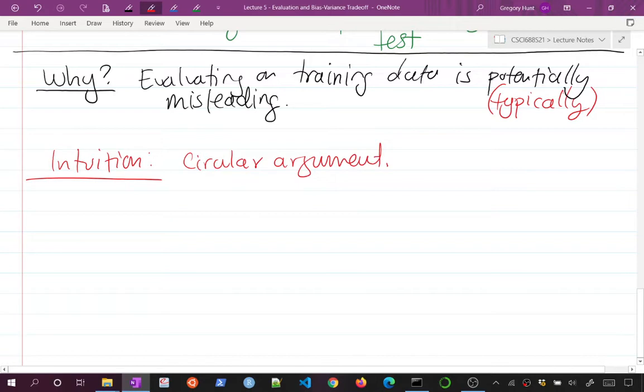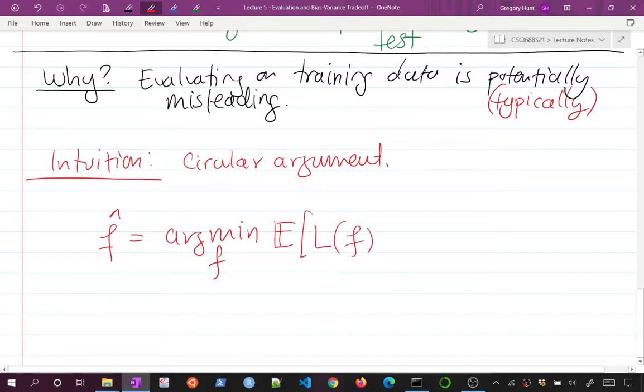So we said what I do is I choose among all possible f's the f hat that minimizes the expected risk, right? Theoretically, that's what I do. We can actually calculate the empirical risk, whatever.